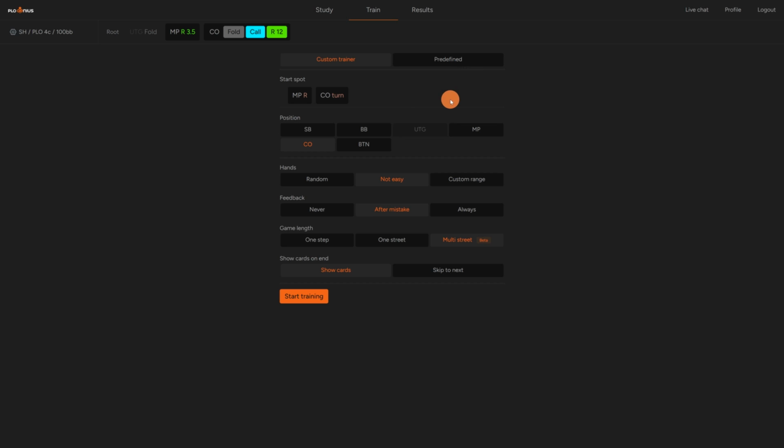It looks like it's set up already because of this scenario that I had when we were in the study mode. Positions, cutoff. The starting spot is MP raises, and it's the cutoff's turn. Hands, let's go random rather than not easy. And feedback after a mistake would be good.